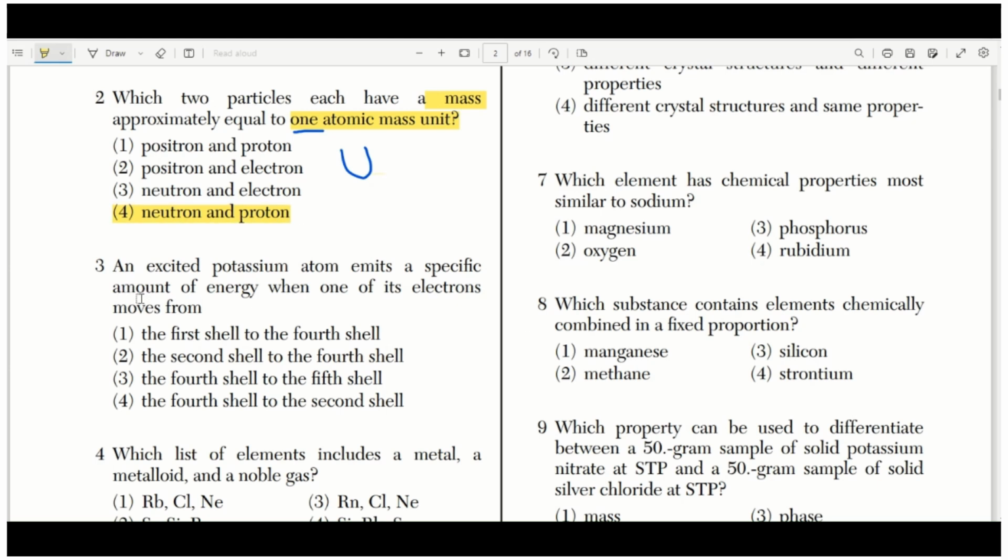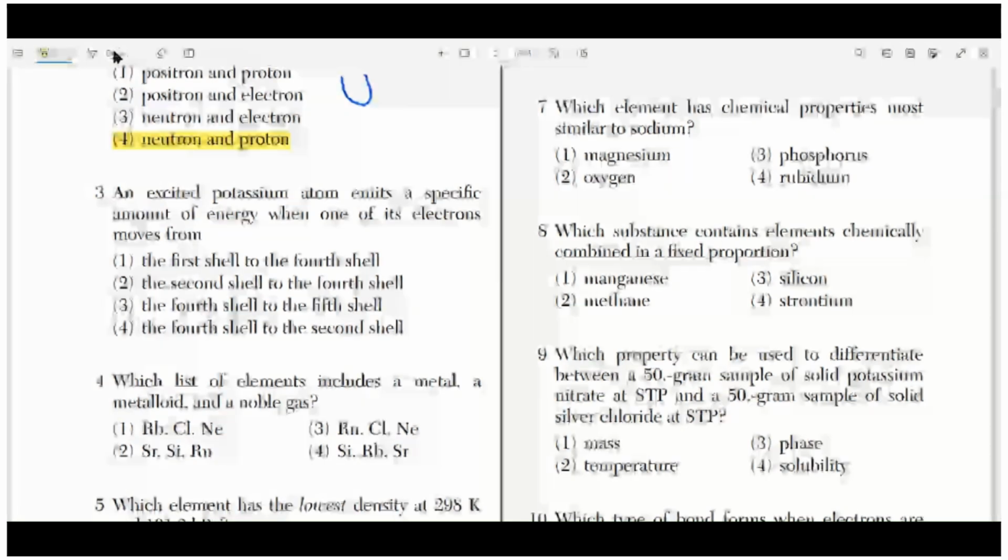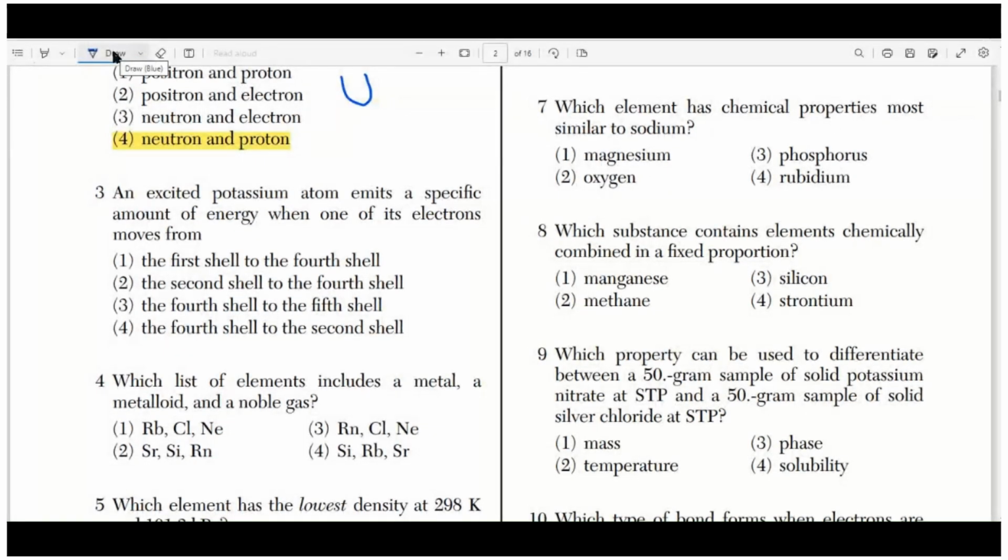An excited potassium atom emits a specific amount of energy when one of its electrons moves from... What you need to remember is that we have a small, dense, positively charged nucleus, and then electron shells around the nucleus, where we have orbitals.